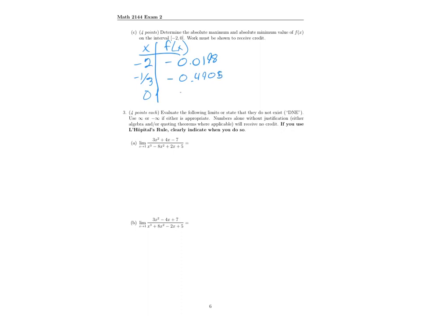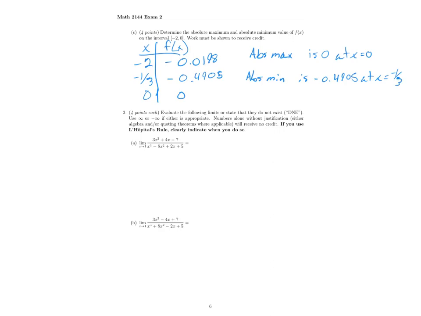And plugging in 0, we'll get 0. So the absolute max is the value 0, and it occurs at x equals 0. And the absolute minimum is negative 0.4905, and it occurs at x equals negative 1 over 3.